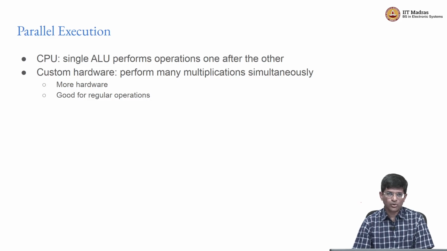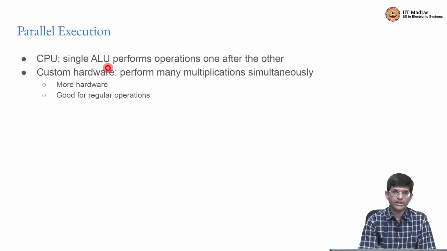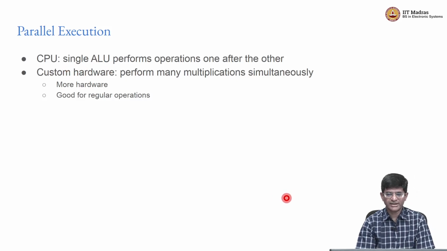Now, in order to understand what we mean by parallel execution, the simplest way to think about it is when we think of a CPU, we have instructions being executed by the CPU, and the best way to look at it is there is a single ALU in there, an arithmetic and logic unit, that can perform operations one after the other.